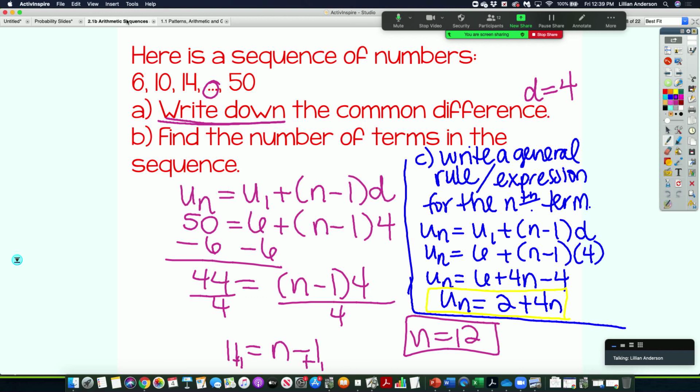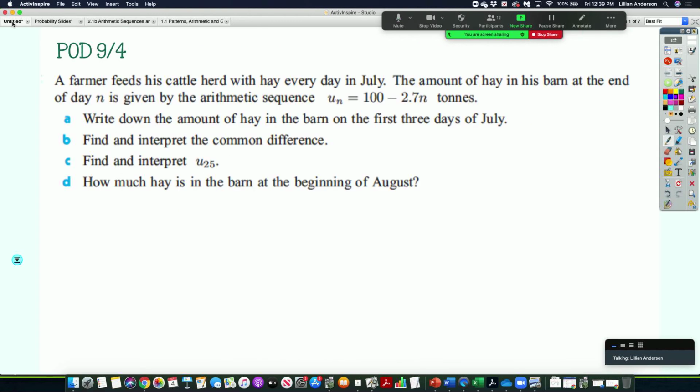I also noted that the number that's attached to the n is your common difference for that respective sequence as well. And so when you look at this form right here, this is the explicit formula for this arithmetic sequence that represents the amount of hay in his barn at the end of each day, where n represents your number of days.